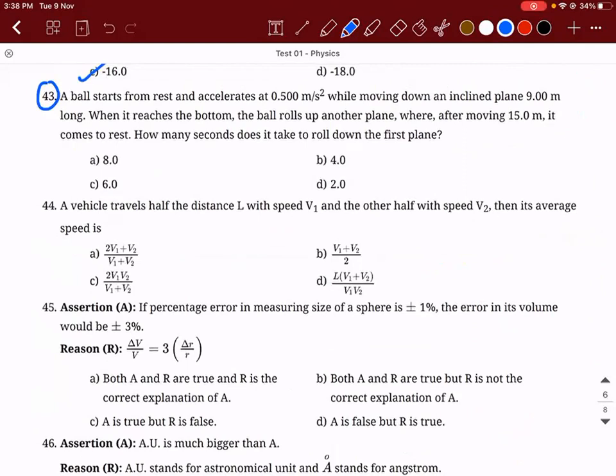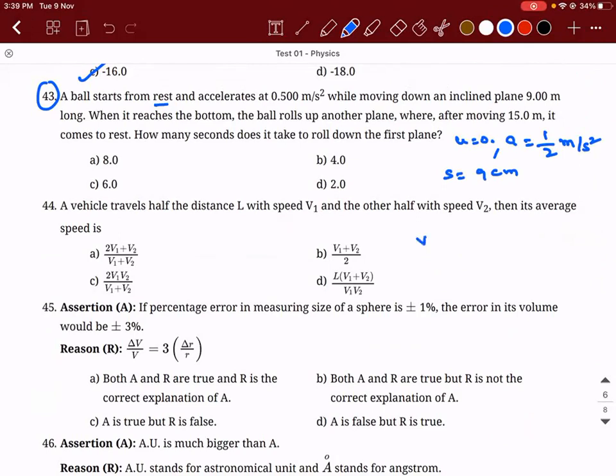So there is a ball that starts from rest, so u is equal to 0, and accelerates at half meter per second square while moving down an inclined plane of 9 meters. So the displacement is 9. When it reaches the bottom, the ball rolls up another plane where, after moving 15 meters, it comes to rest. How many seconds does it take for the ball to roll down the first inclined plane?